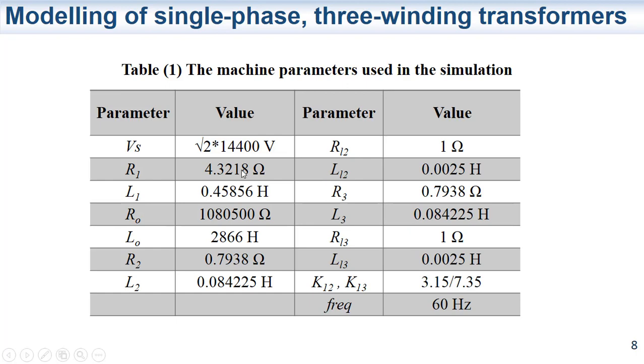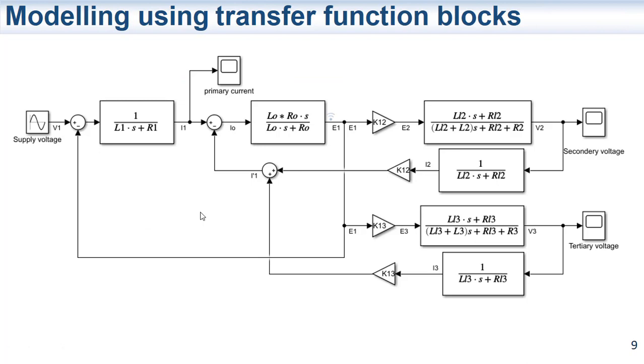Now, in order to simulate three-winding single-phase transformers, we are using these values to define the transformer parameters: primary, secondary and tertiary series impedances, and shunt admittance. Some of those parameters have been taken from the demonstration file to simulate three-winding transformers. Again, we are modeling the three-winding transformer using two approaches.